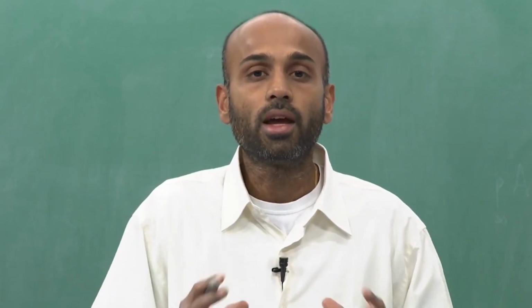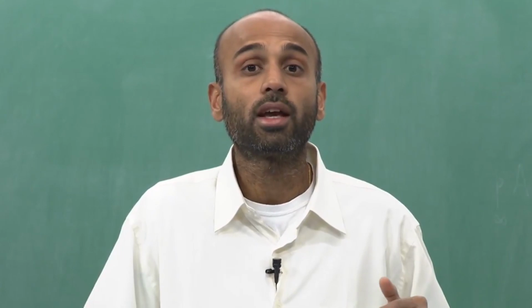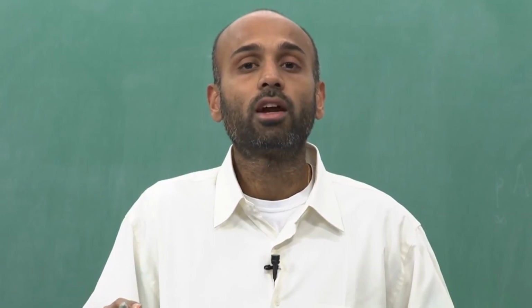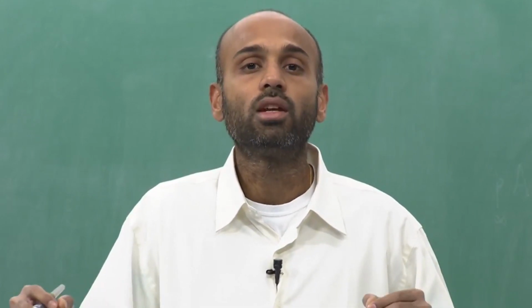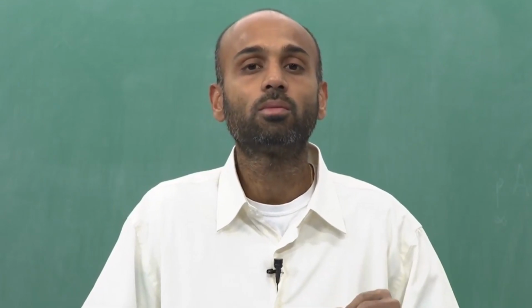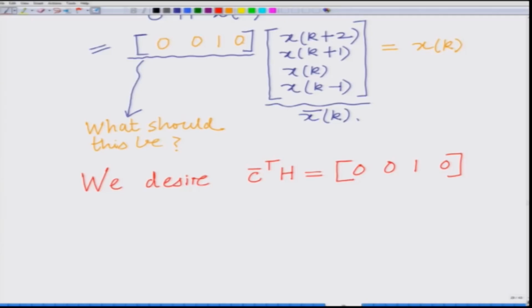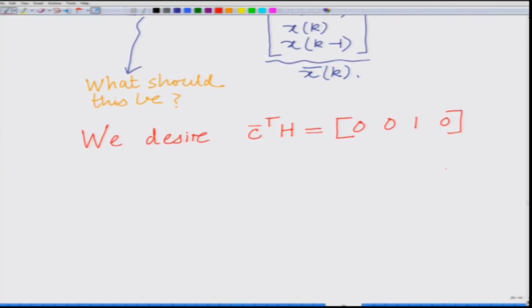Now, we might not get that exactly, that is C bar transpose H might not exactly be 0 0 1 0, but if not exactly, then we would like it to be approximately as close as possible. That is the idea. So, C bar transpose H, if possible, should exactly be 0 0 1 0, if not possible exactly, then to the best possible approximation it should be close to the vector 0 0 1 0.